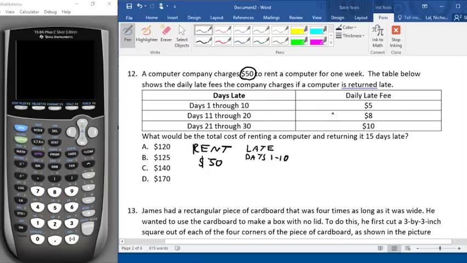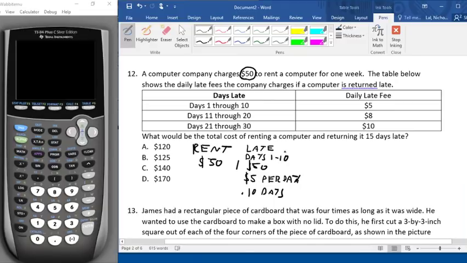You're going to have a late fee of $5 a day, so that's 10 days. So you have a late fee of $5 per day times 10 days. So your late fee is going to be another $50.